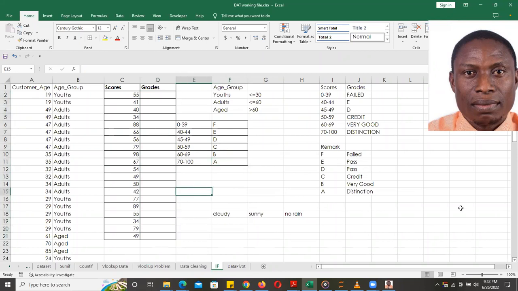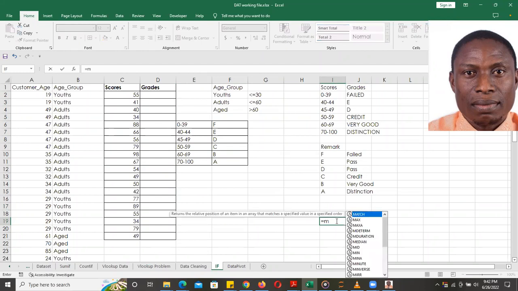Okay. Now, I want to introduce us to median and mode. So let's just type equals median. If you look at it, median takes some arguments depending on what you have.